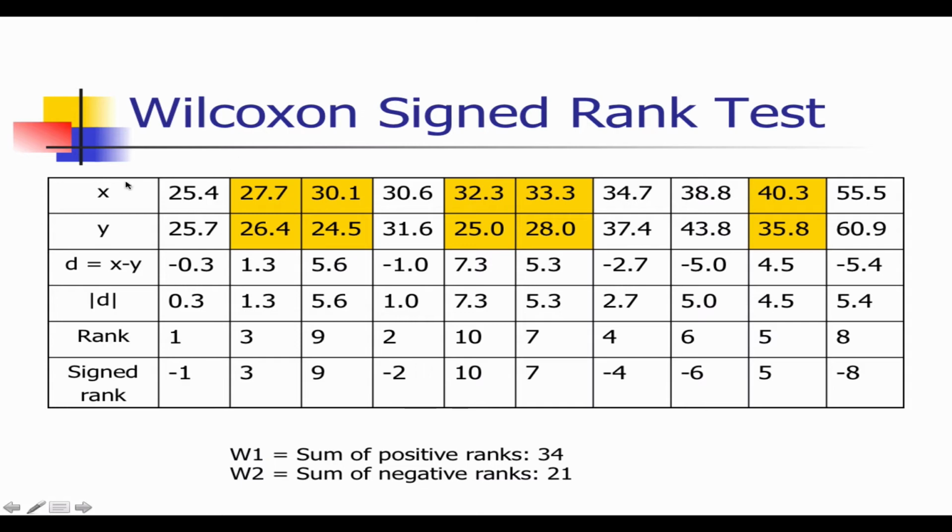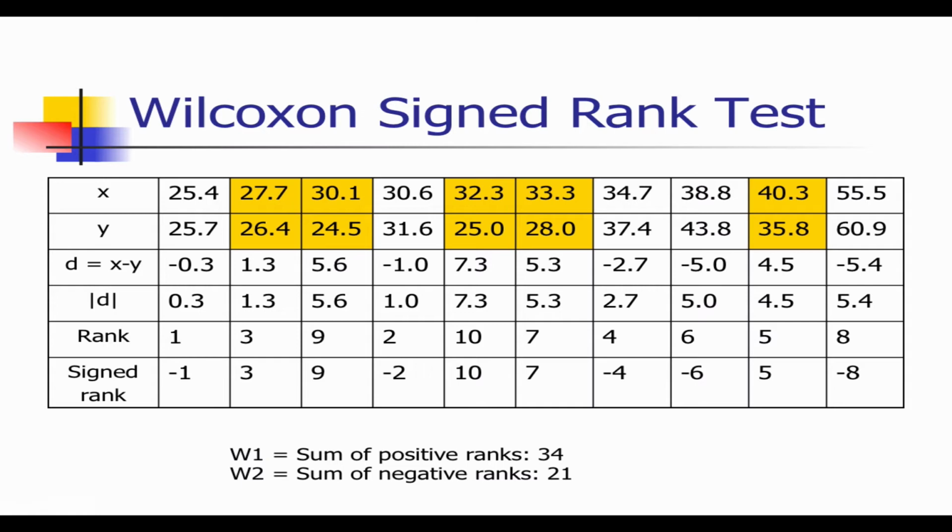So that means your d, which is x minus y, most of the d should be positive. So you should have a much bigger positive rank summation. This is the underlying intuition.